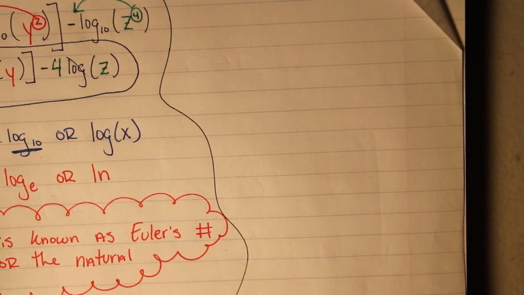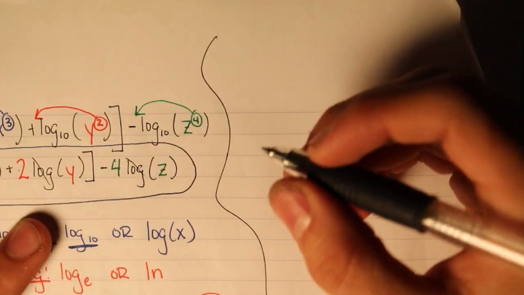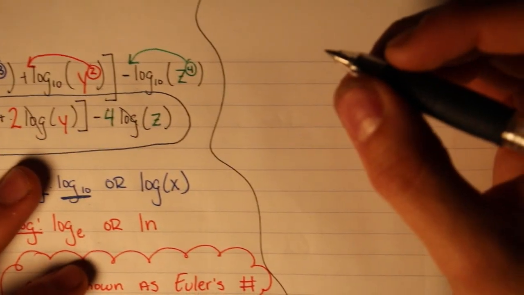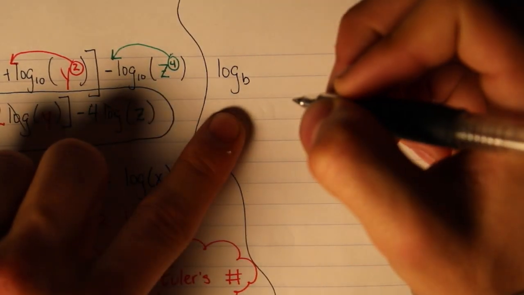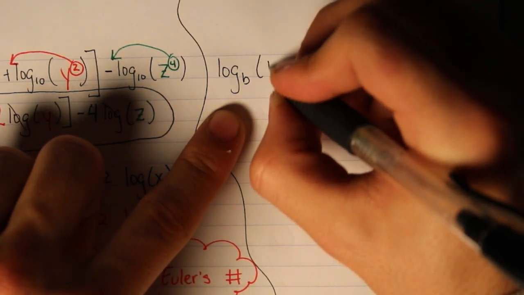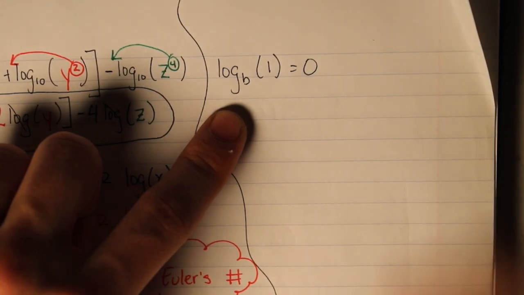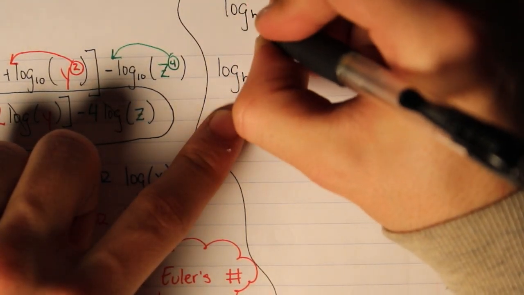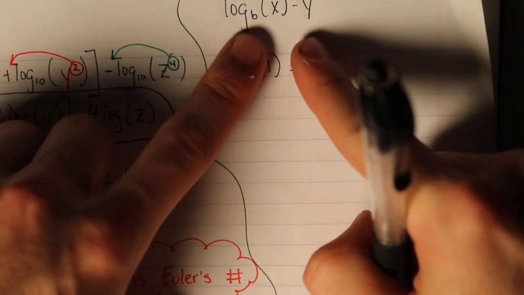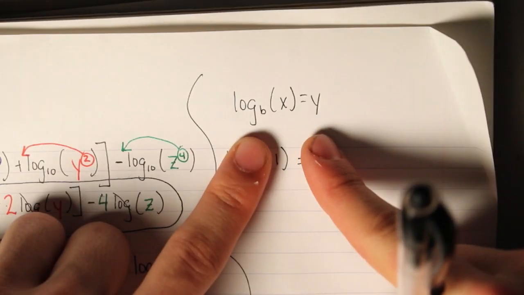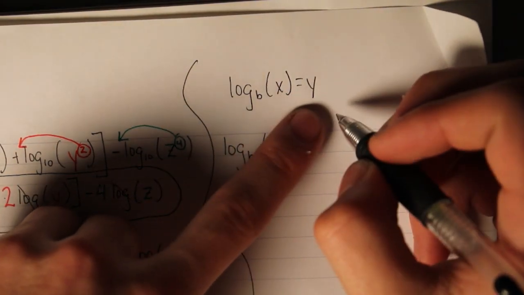And we just need to know that if you have log base b, so any base of the log, of 1, it equals 0. And that makes sense, because our parent function looks like this: log base b of x equals y.